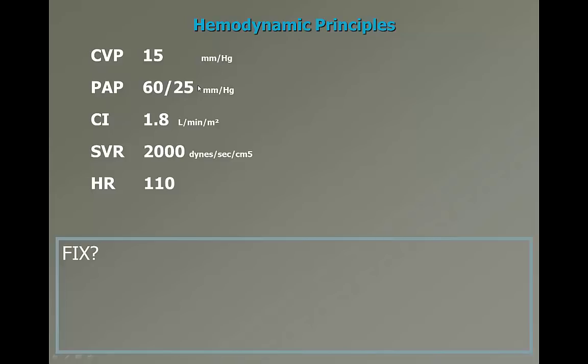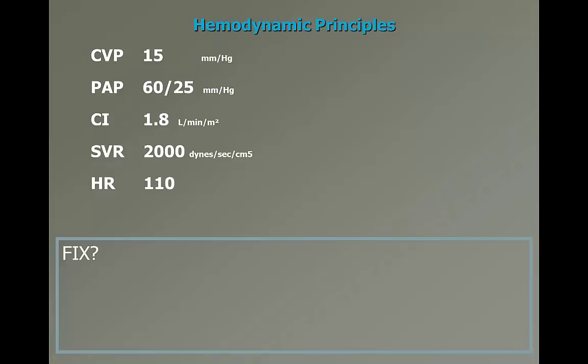They have hypervolemia. But look, we notice that the cardiac index, the cardiac output adjusted for height and weight, is low. Because the heart's job is to pump whatever volume returns to it, the heart should be pumping out an adequate cardiac output in the presence of adequate volume.